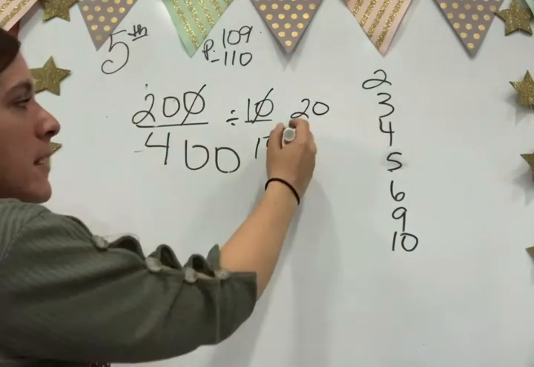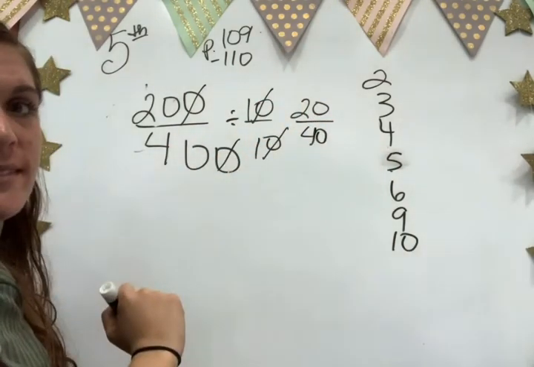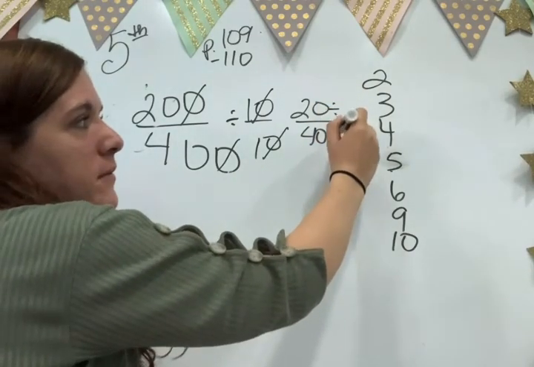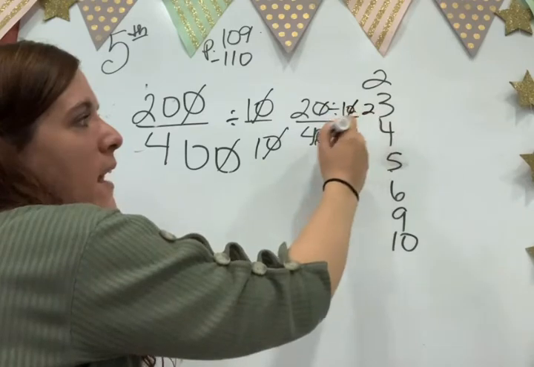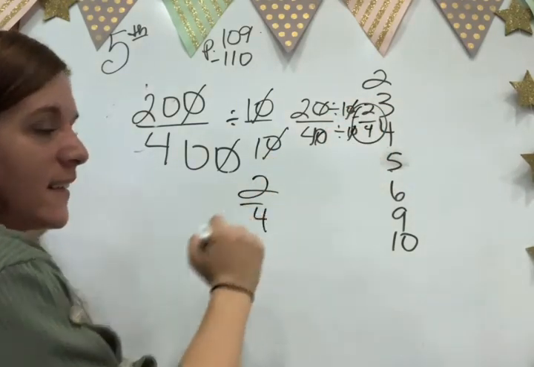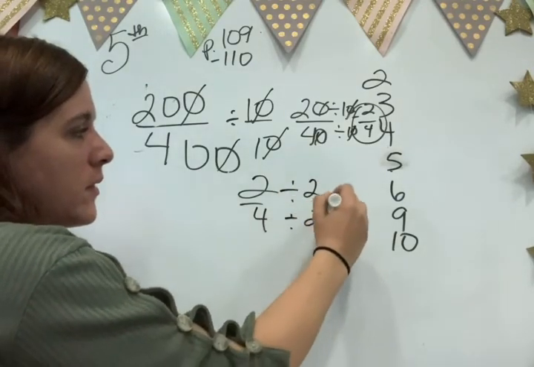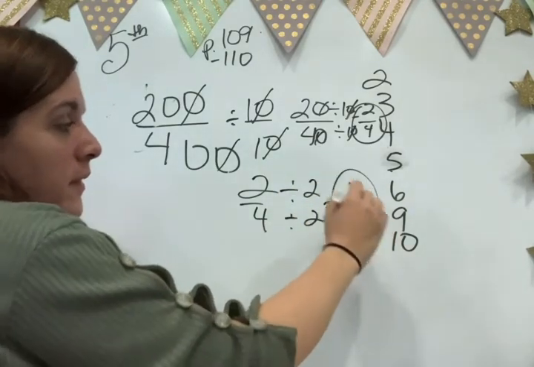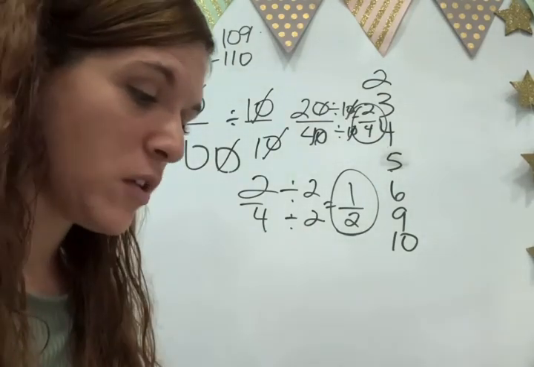And 400 divided by 10, you just take off a 0, is 40. Can you divide again? Divide by 10 again. That and that is 2, that and that is 4. Can you divide again? Yep. Is 1/2. Whew. And this is a long video, you guys.